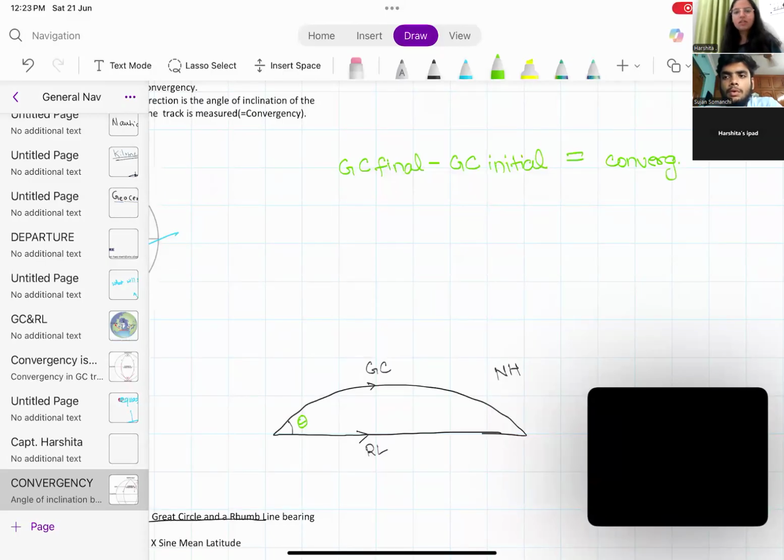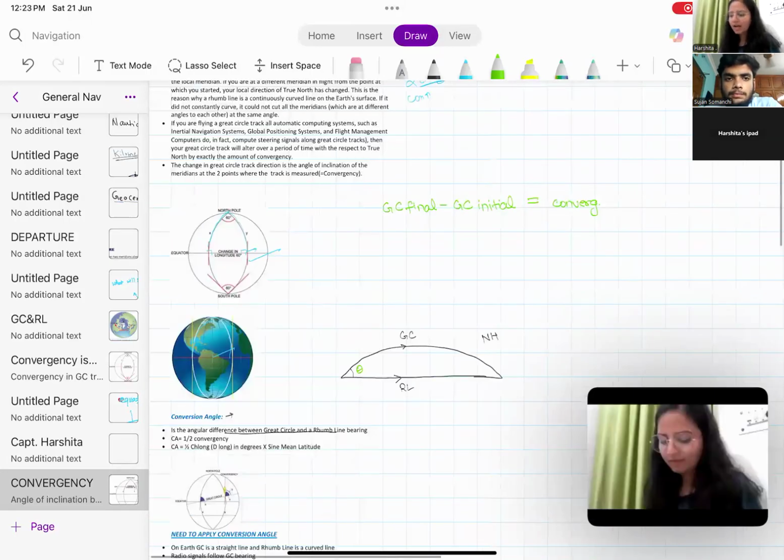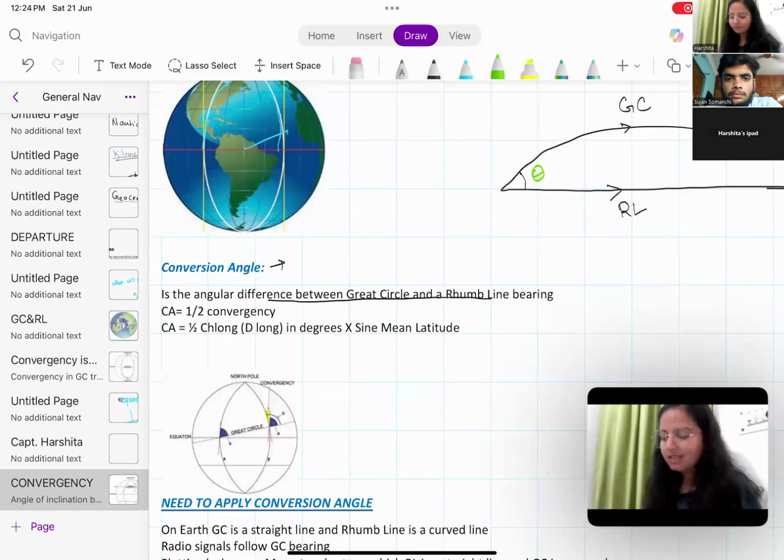Now we will see what the conversion angle is. As discussed, it is the angle between the great circle and the rhumb line, and the conversion angle is half of convergency. So the angle will be half of convergency. What is the formula for convergency?